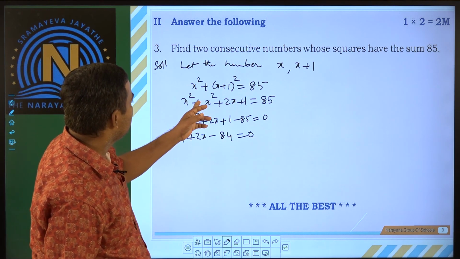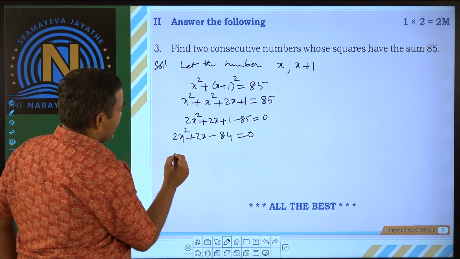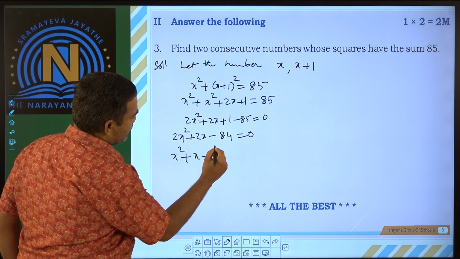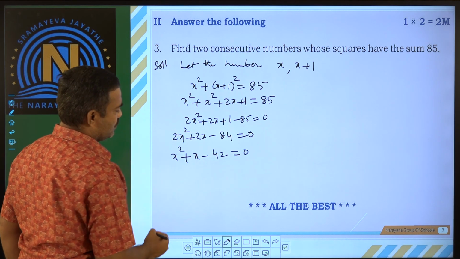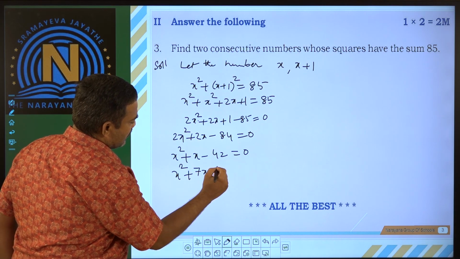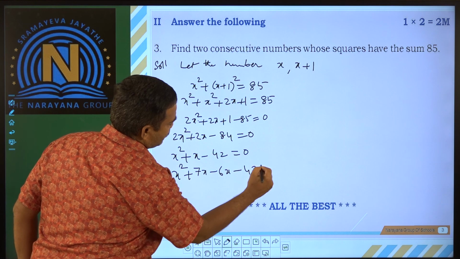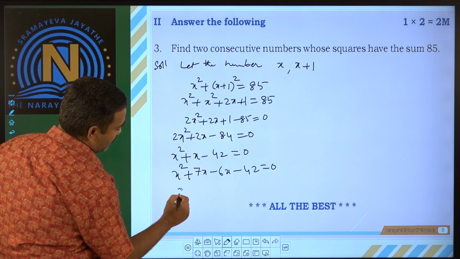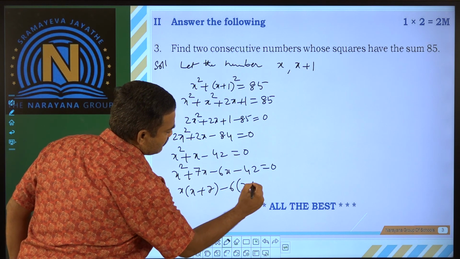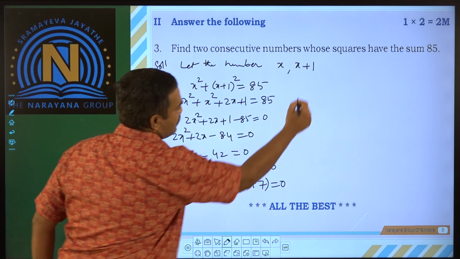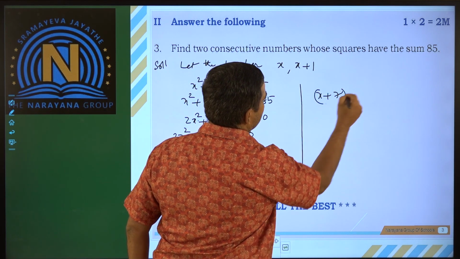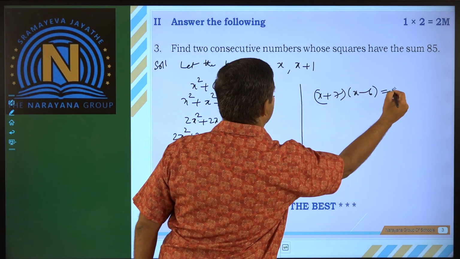In this, 2 taking common, x square plus x minus 42 is equal to 0. So this can be written as x square plus 7x minus 6x minus 42 is equal to 0. Now x taking common, x plus 7, minus 6 taking common, x plus 7 is equal to 0. Here x plus 7 is a factor. x plus 7 into x minus 6 is equal to 0.